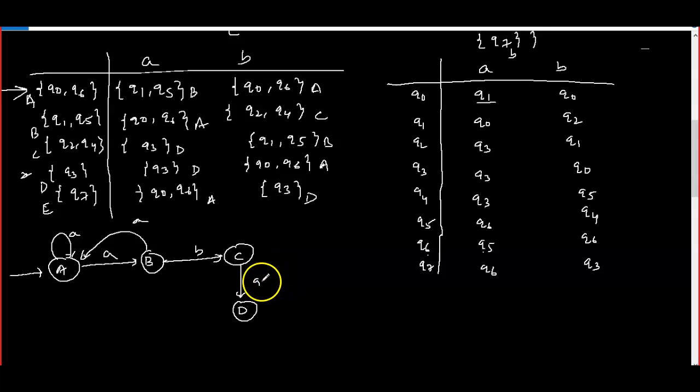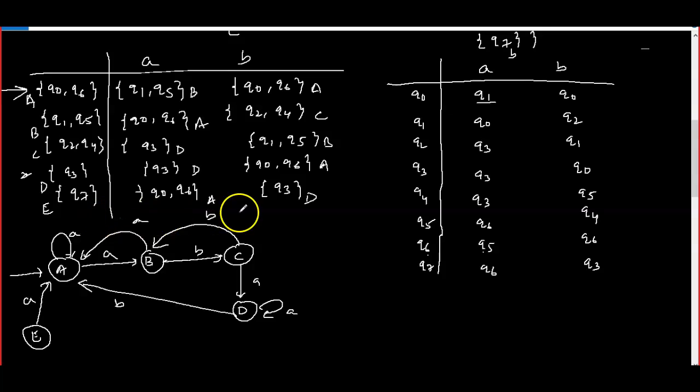And D to A is B. C to A is D, and C to small b is capital C. D to A is D itself, and D to B is A. E is another state which is given here. E to small a is going to A. Okay? And E to B is going to D.